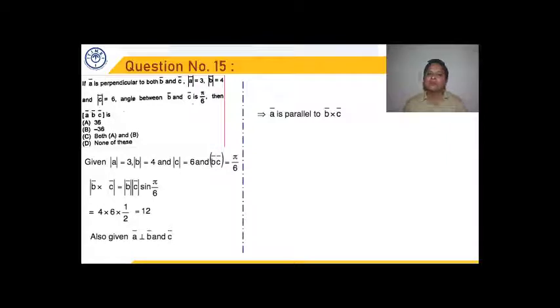A is parallel to B cross C. And if we find the scalar triple product, that is A dot B cross C, this is modulus of A multiplied by modulus of B cross C into cos of the angle between them. Since they are parallel, the angle will be either 0 or 180 degrees. If they are in the same direction, the angle is 0. If they are in opposite directions, the angle is 180 degrees.